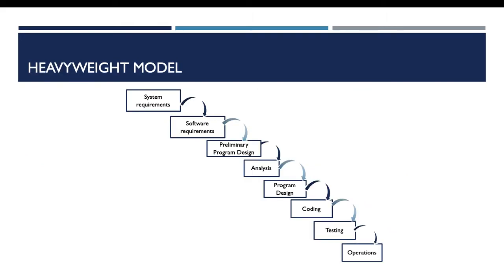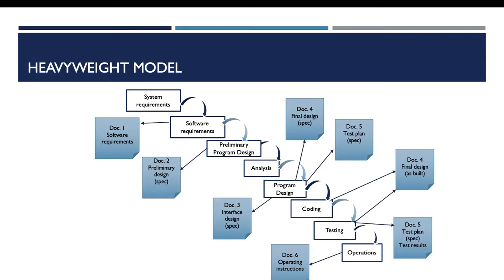Another characteristic of this model is the high number of documents that have to be written during the process. Those documents describe the work done within each phase and facilitate the communication between team members, and between team members and the customer.